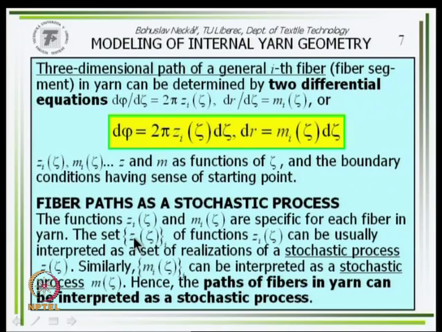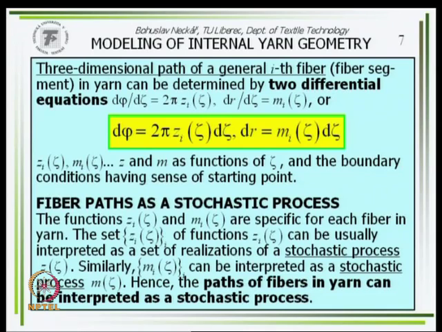Each such function is a little different, individual to each disordered fiber. So the set of such functions can be interpreted as a set of realizations of a stochastic process. Similarly, the set of functions mi(zeta) over all i can be interpreted as a stochastic process. And the path of fibers in the yarn can be interpreted as a stochastic process.